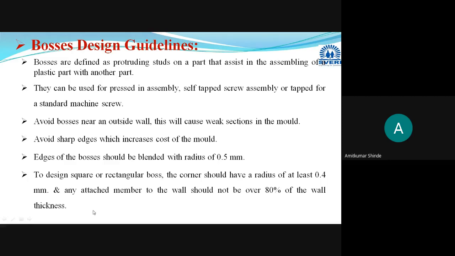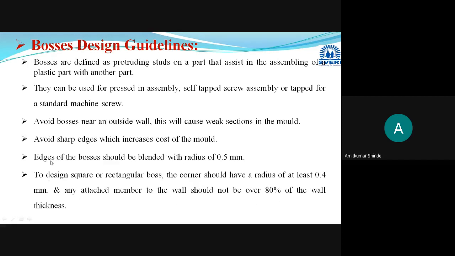Whichever member is attached to that wall, its thickness should not be more than 80% of the wall thickness. This is nothing but your rib, any attached member to the wall.